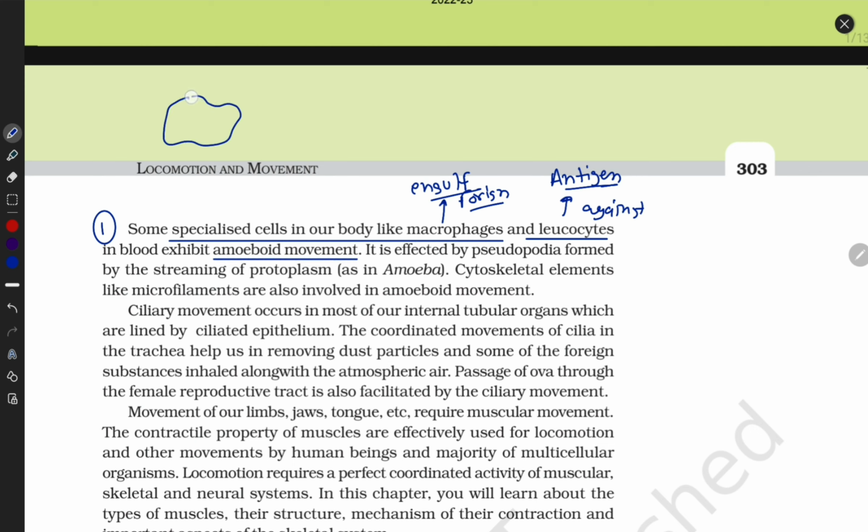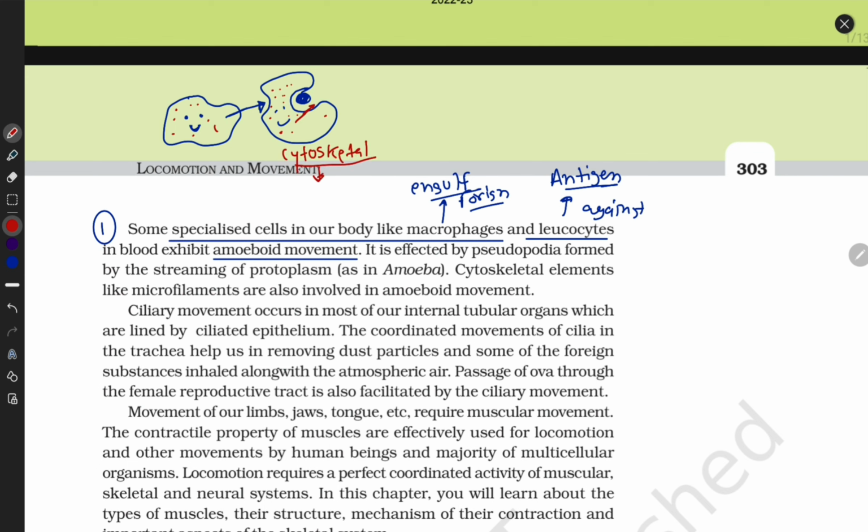This is the macrophage and this is a foreign particle entering our body. Then what does the macrophage do? It moves towards the foreign particle and engulfs it. The macrophage pushes its cytoplasm towards the foreign particle with the help of the cytoskeleton.